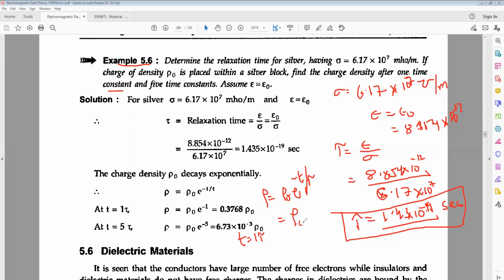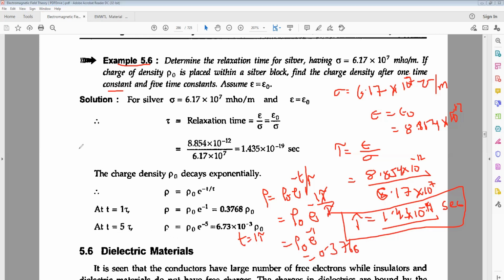Rho naught × e^(-t/tau) with t equal to 1 tau, so tau gets cancelled, and it is rho naught × e^-1. The value of e^-1 is 0.3768.